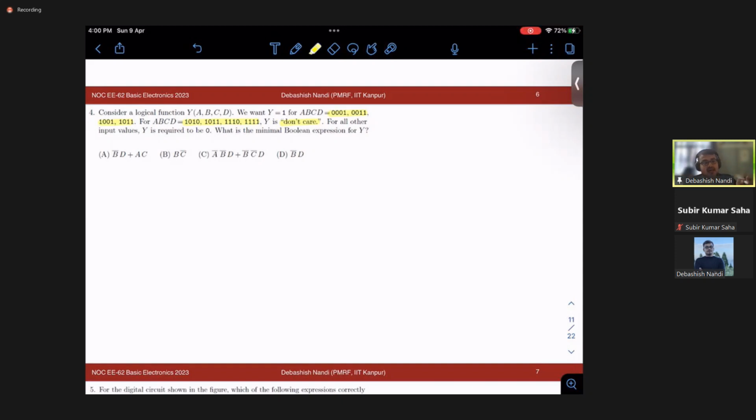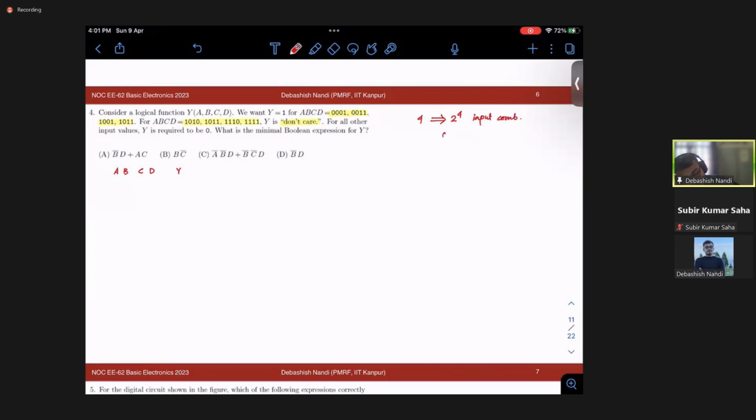Either I would directly write the Karnaugh map and solve it. So you have four inputs, right? A, B, C, D, and Y is your output. So how many combinations you will be having? Four means total 2 to the power 4 input combinations, right?